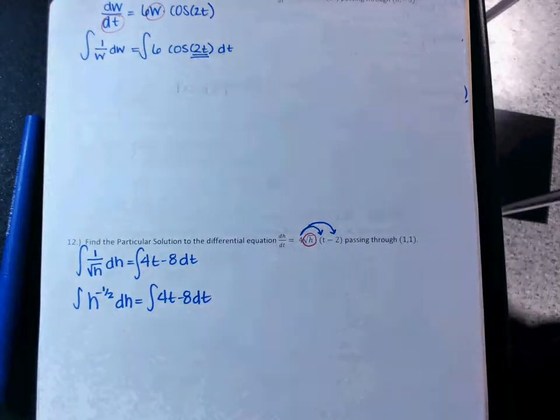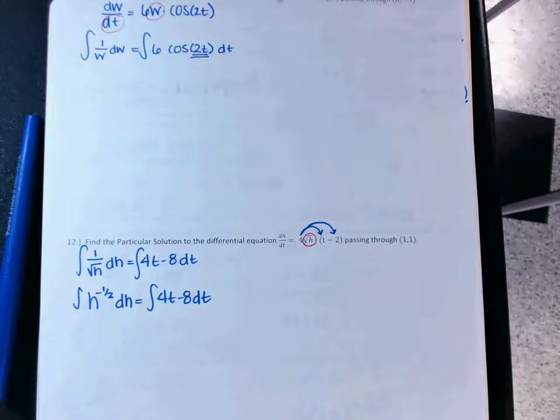Yes? I know how to do u sub, but I just don't know where I am supposed to use it. Here's the easiest explanation. Taking derivatives, if you would have needed chain rule, you're going to need u sub. So for example, if I was going to take the derivative of that, would I need chain rule? Yes, because of the 2t.